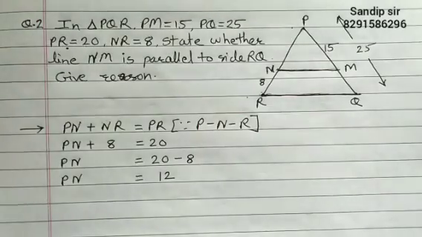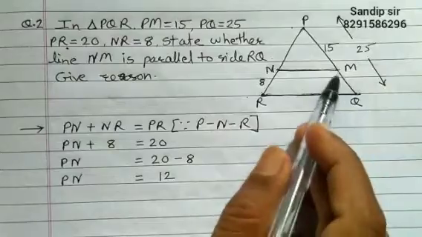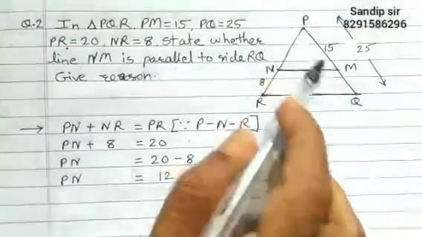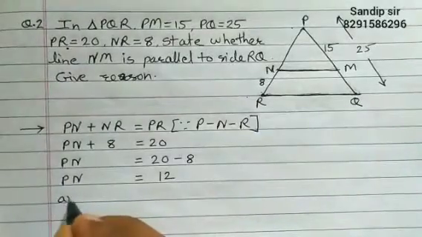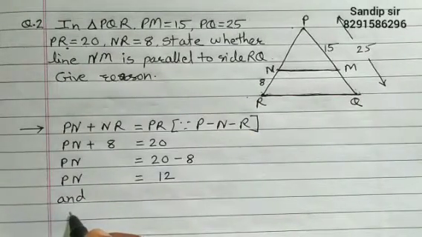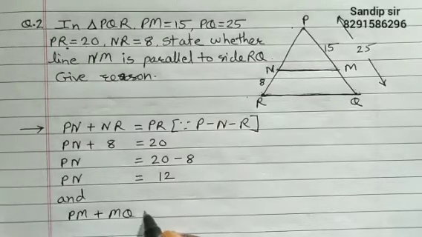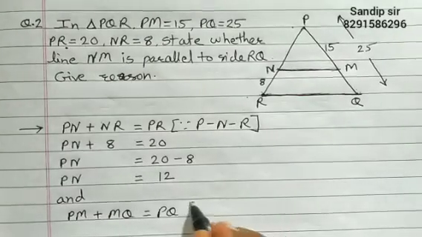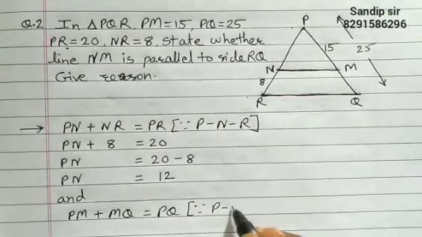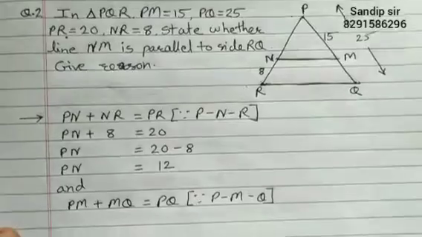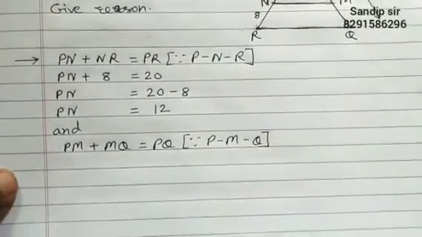Similarly, we need to find MQ here. PM plus MQ is PQ. PM plus MQ is equal to PQ because P dash M dash Q. Now substitute the value.